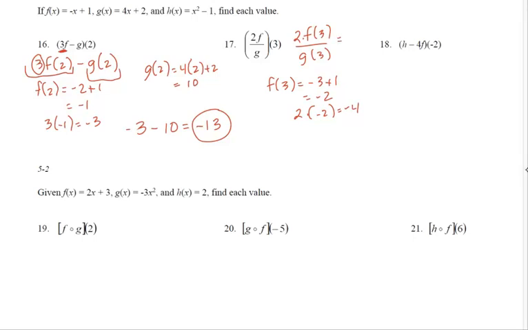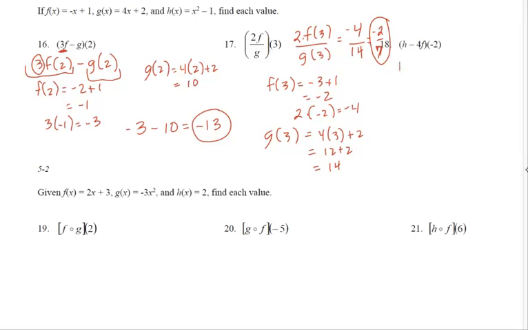So I'll just put it up here. 2 times f of 3 is -4. All right, now let's do the g of 3. And g of 3 is 4 times 3 is 12, plus 2, and that's 14. Okay, and that's pretty much it, except we are able to reduce. We can divide by 2. And so the final answer there is going to be -2/7.